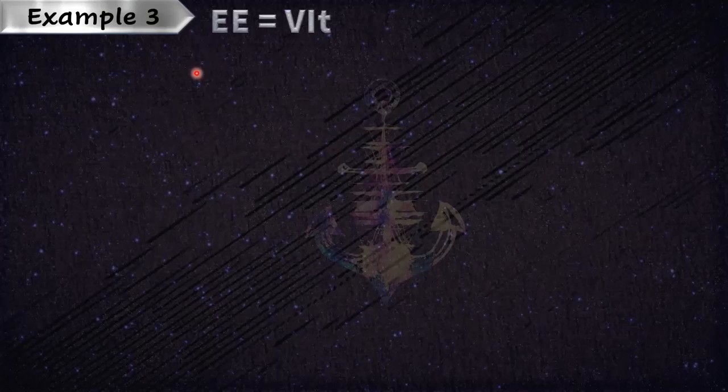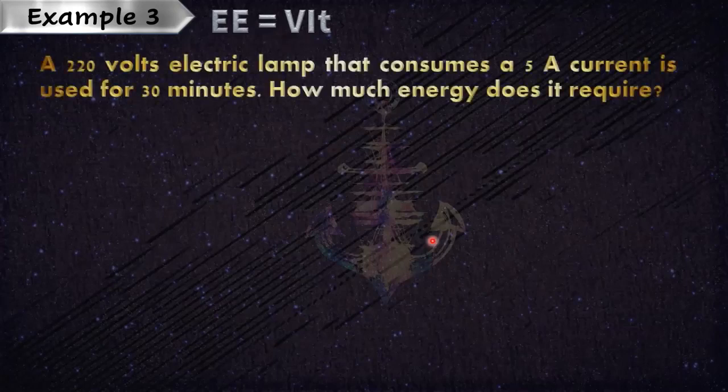And let's have example number 3 for electric energy. Now take note of the formula E equals VIT. A 220 volts electric lamp that consumes 5 amps of current is used for 30 minutes. How much energy does it require?